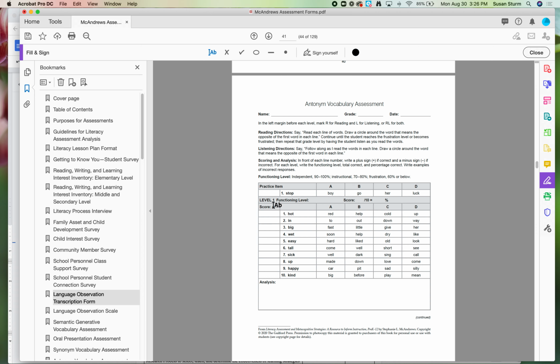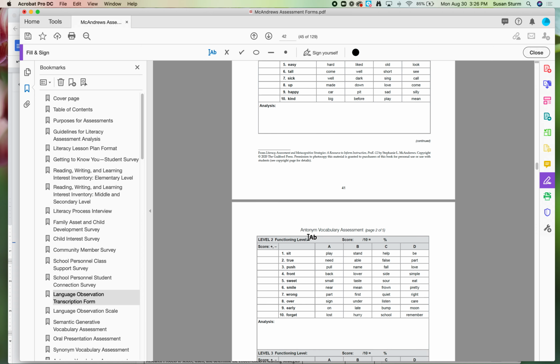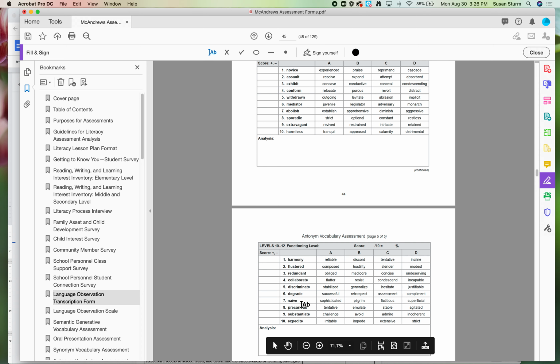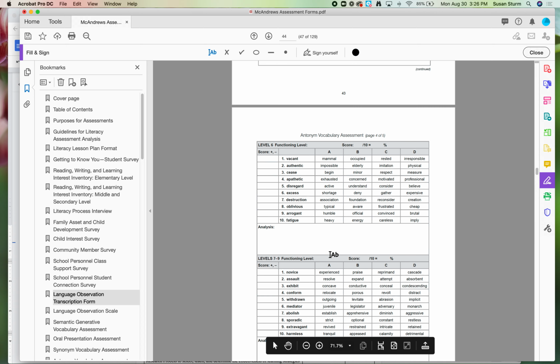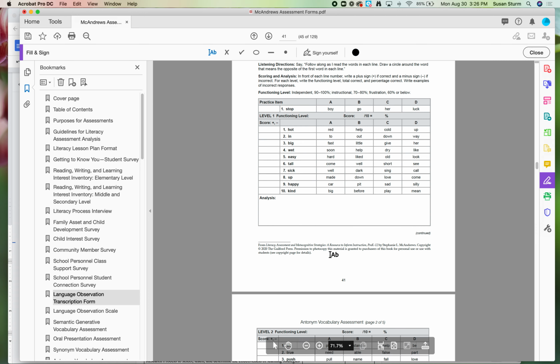So 1st graders would take this level. 2nd graders, you would give this level. 3rd graders, 4th, and all the way on up. And in fact, it starts to get grouped together when you get to 7 to 9. That would be roughly your middle school, junior high level, and then 10 through 12 would be for your upper level students. So this one goes all the way up to high school.